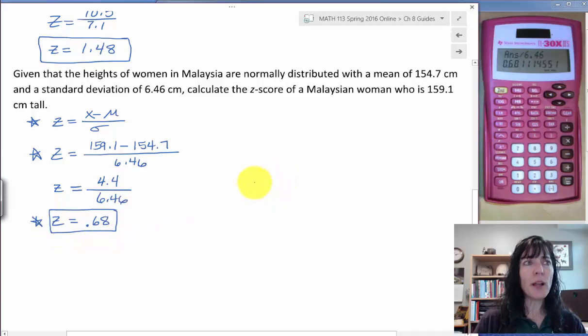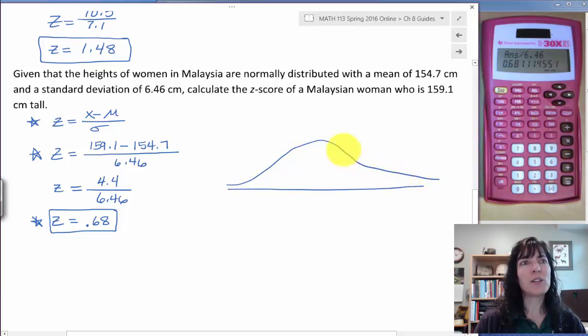0.68. Now, you weren't asked, but I will be asking shortly, so I'm going to draw a distribution so we can get used to that. And remember, you have written in those markers using the mean, so we could do that: 154.7, and that's going to be an x value.